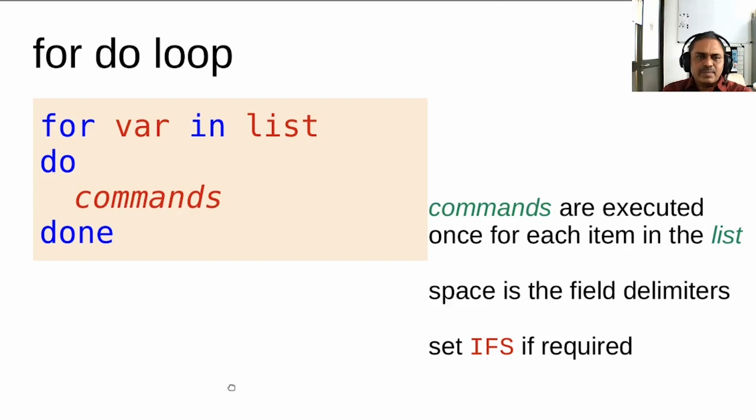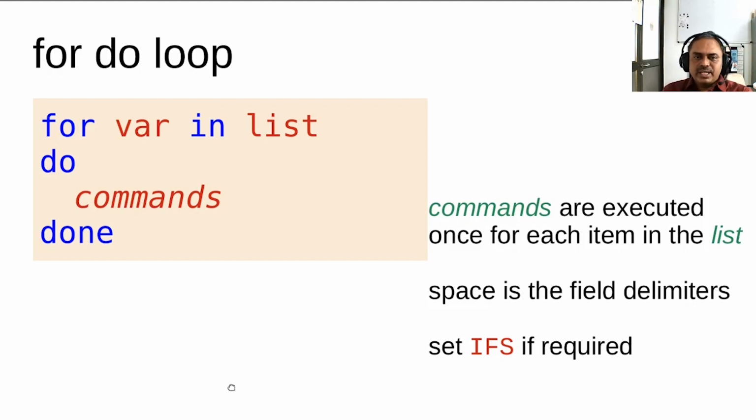So naturally the commands would use the value of the variable in those commands using the $. And then the closing of the loop is a little bit different from languages such as C. So for, do and done would actually close the loop.